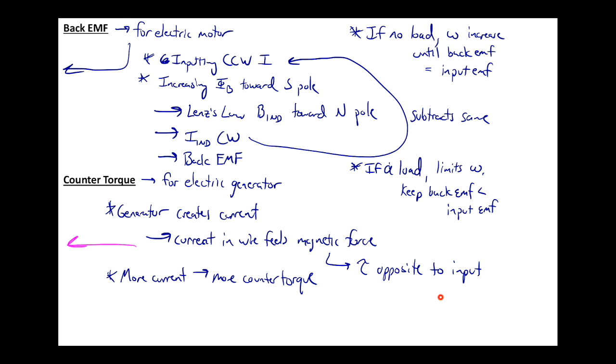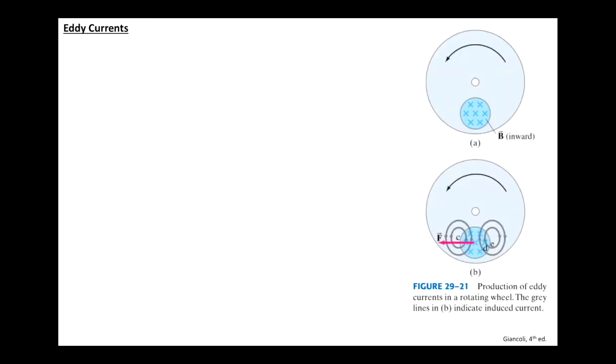Okay, we've got a third one of these, and maybe this is the most interesting of the three, and also we'll have to work through several steps to end up seeing what the effect is. So, eddy currents. You can think of this as happening really in any conductor that's either moving through a magnetic field or has changing magnetic flux through it.